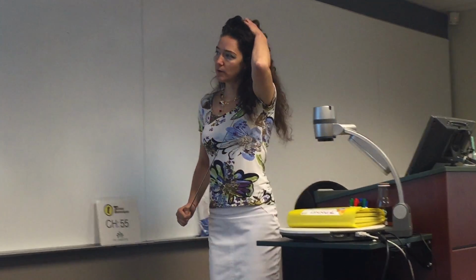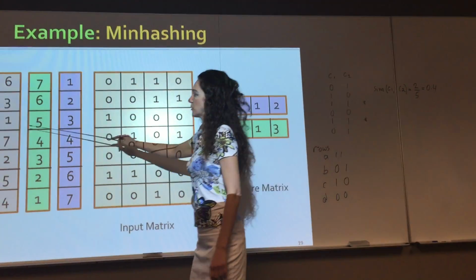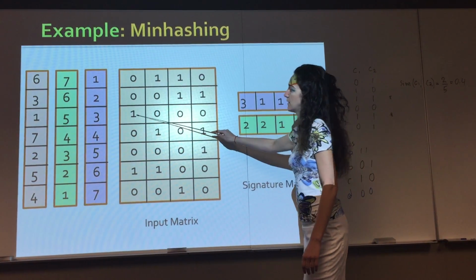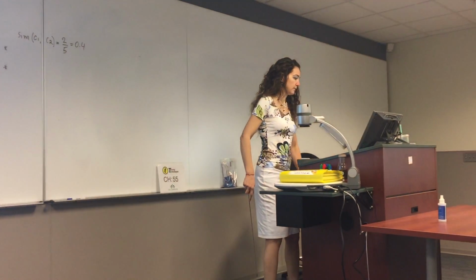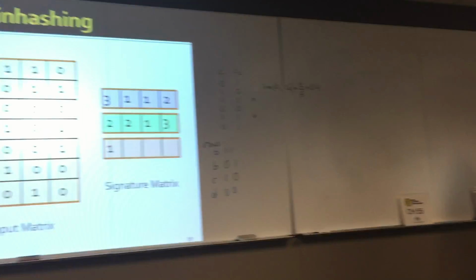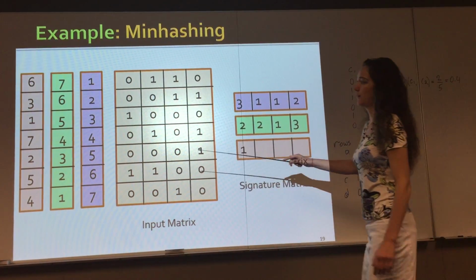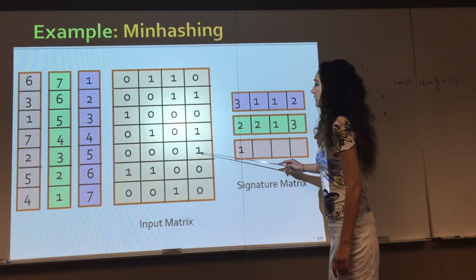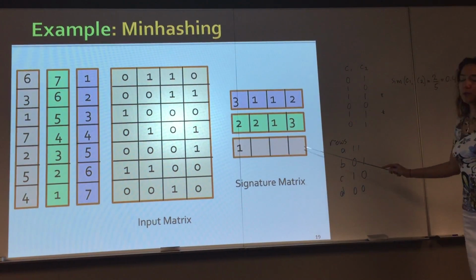And that's another random permutation. Again, we'll start with the first one. The first row happens to be this one, so we will say first is in this box. There is a 1 there. Then we go to the second row. The second row happens to be here, so there is a 1 in the fourth column, so we will put 2 over here.